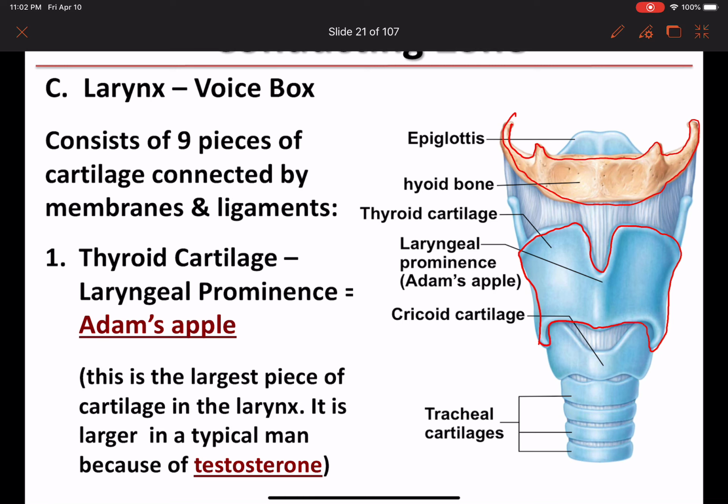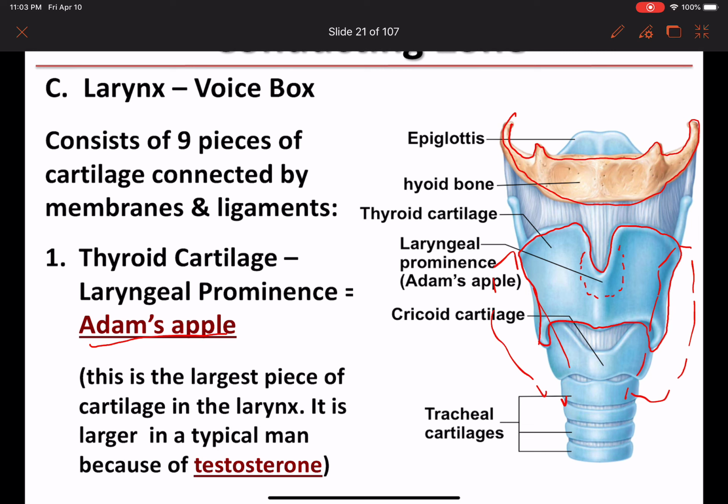It's called the thyroid cartilage because right about here and right about here you have your lateral lobes of your thyroid gland. In males, the laryngeal prominence, the flared out anterior portion of the thyroid cartilage, is especially pronounced, and the slang term for that is the Adam's apple.